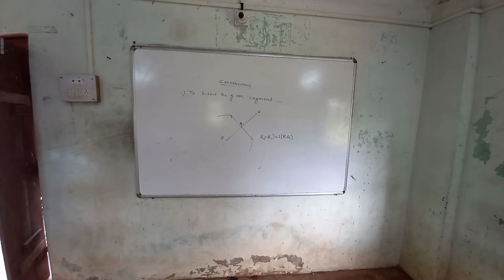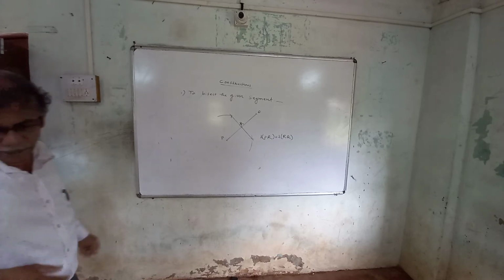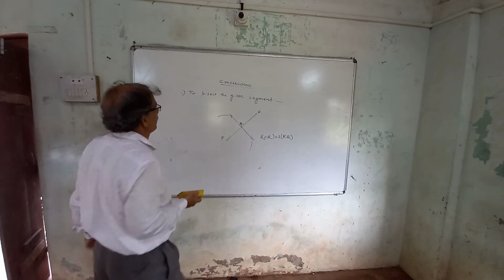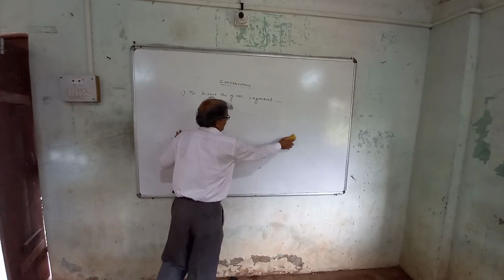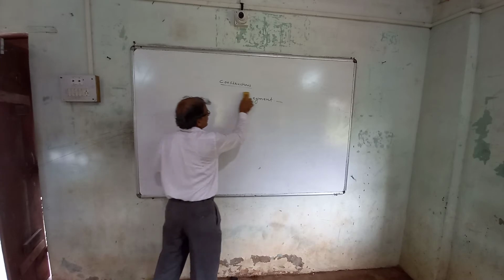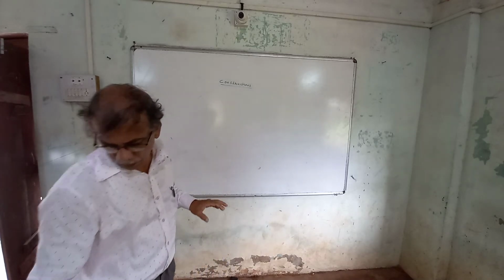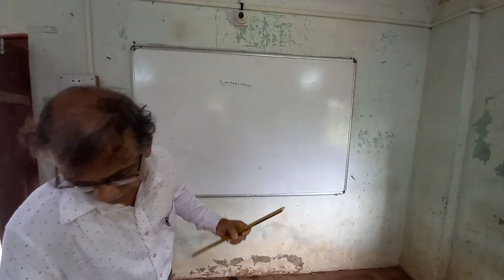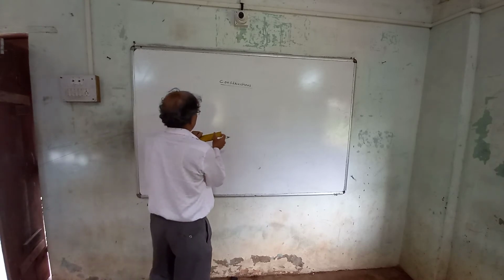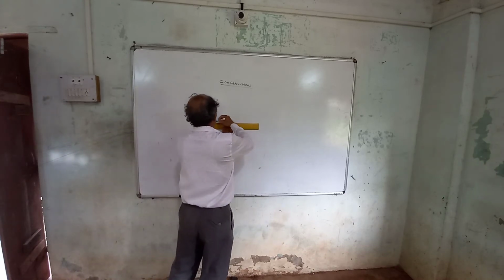Now you know to draw angles of different degrees, say 30 degrees, 40 degrees, 50 degrees, 60 degrees, isn't it? Suppose you want to draw an angle of 60 degrees, what do you do? See here. Suppose this is the ray.